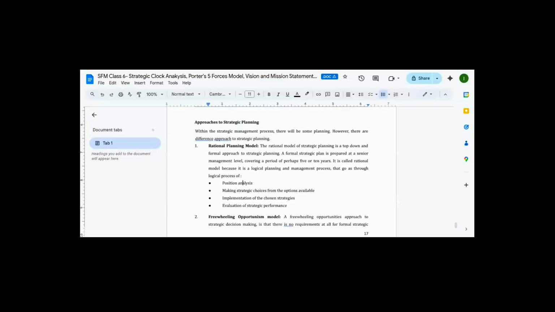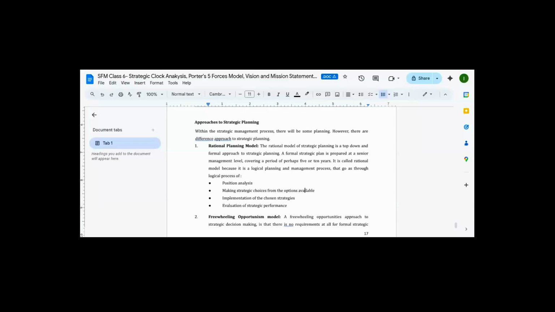Position analysis. Rational planning requires position analysis of the present activities, operational efficiency, competitive advantage, and our market position against that of our major competitors. It requires making strategic choices from the options available. Which industry are we operating in?